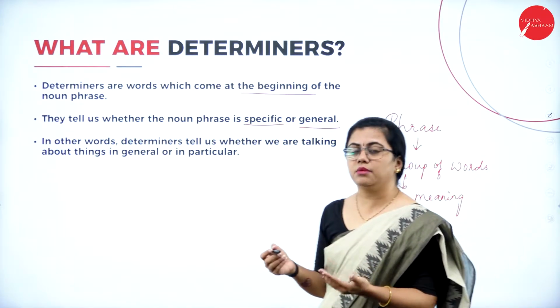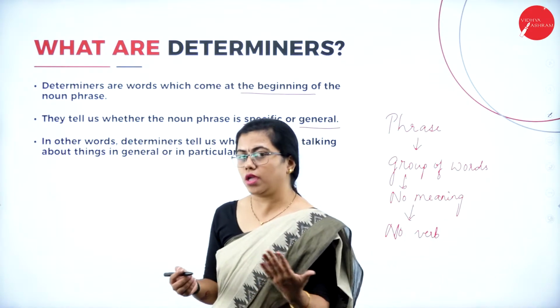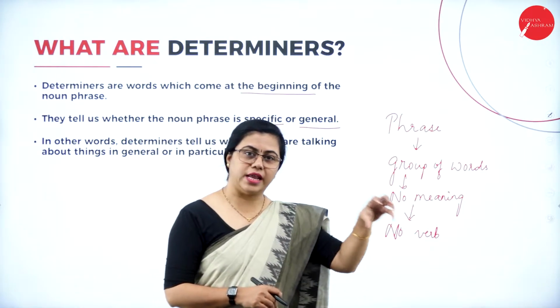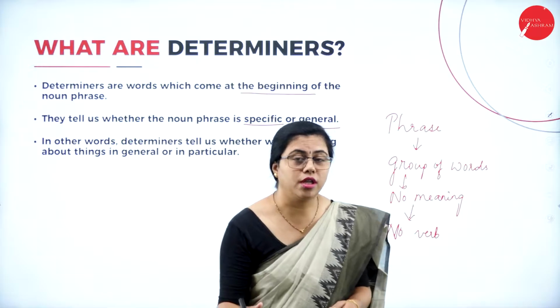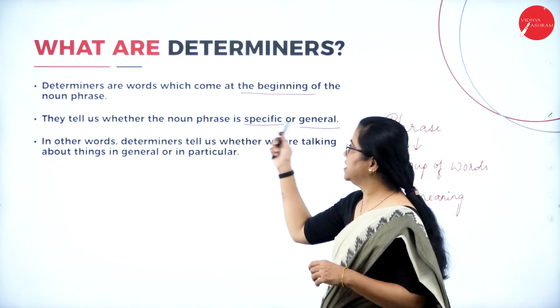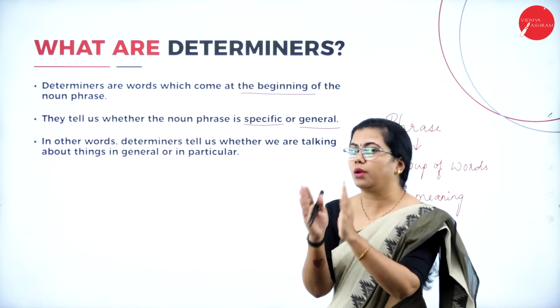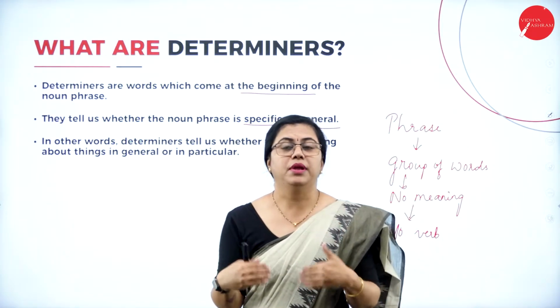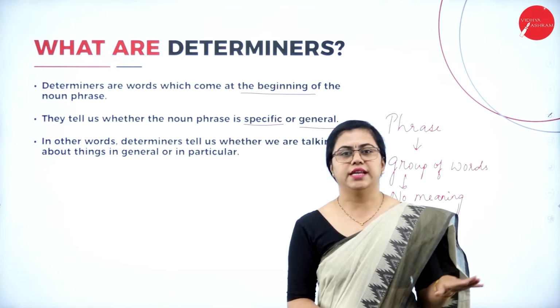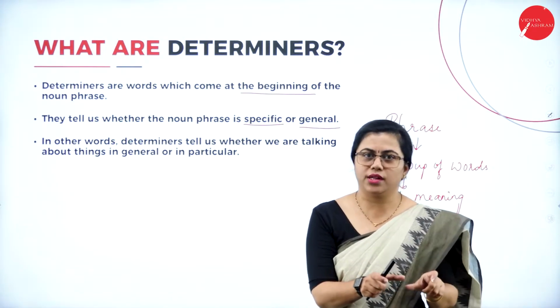A determiner tells us what the speaker is referring to. Is he talking about anything particular or anything in general? Specific means I am talking about something which I know, and I intend you to know about that. General means I am just making a general statement, not referring to any particular thing.